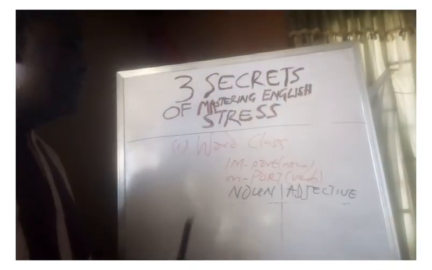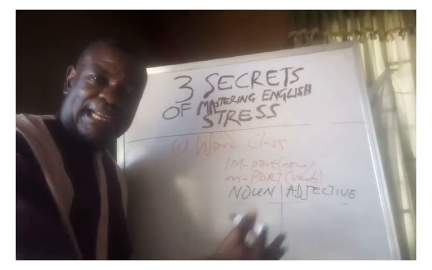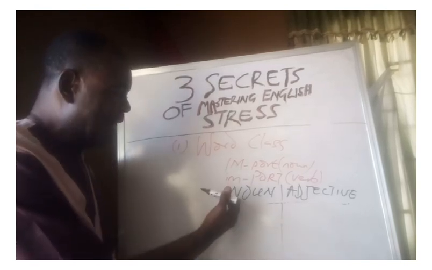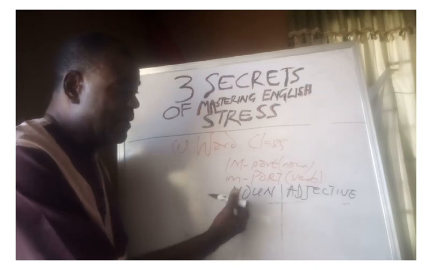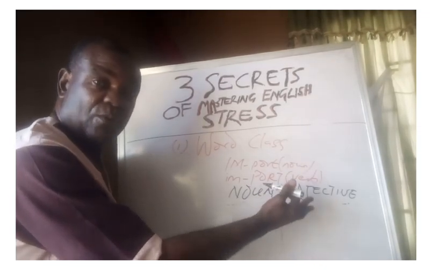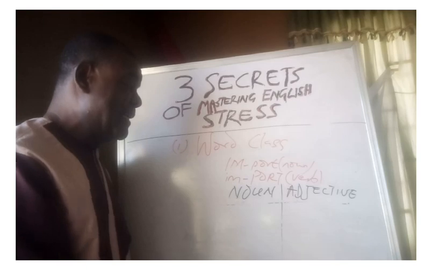Now, when a word is used as a noun and also as an adjective, then we have to stress the first syllable when that same word is used as a noun and stress the second syllable when that same word is used as an adjective.